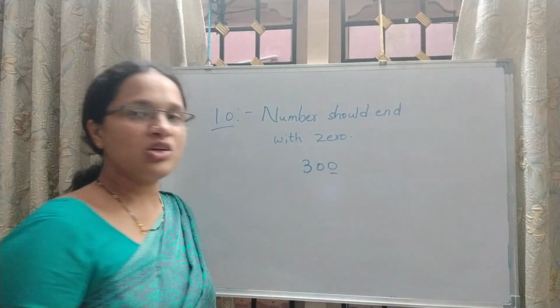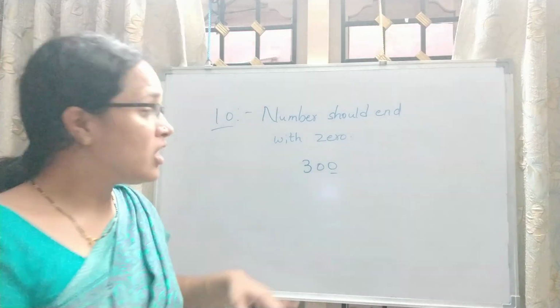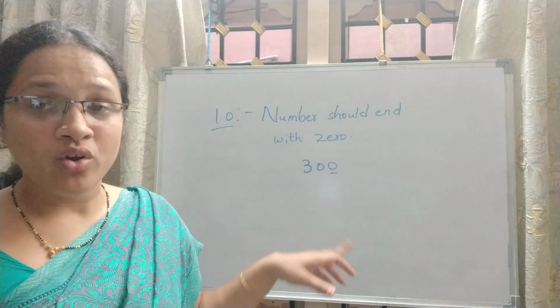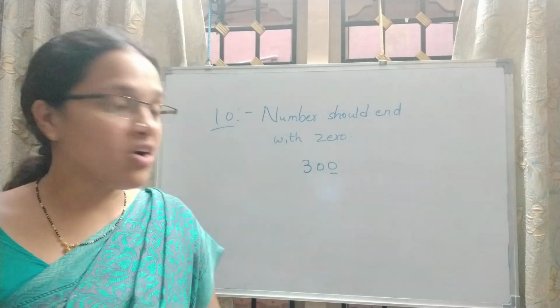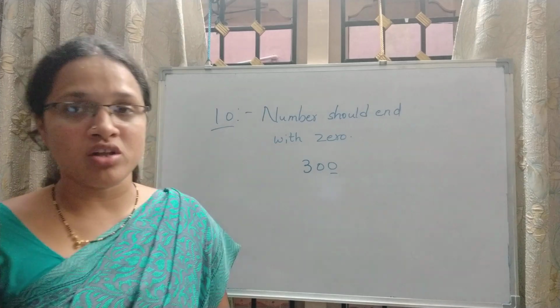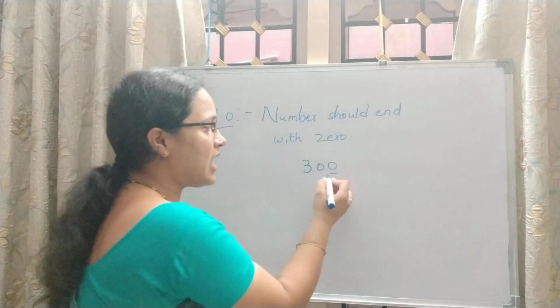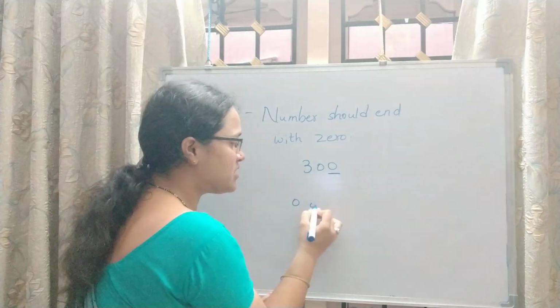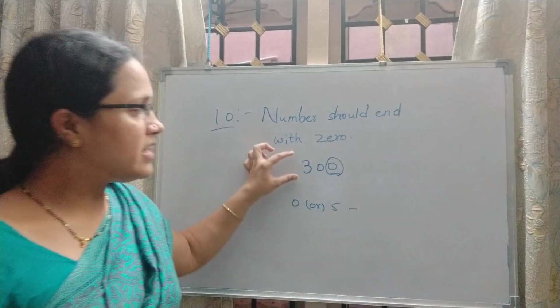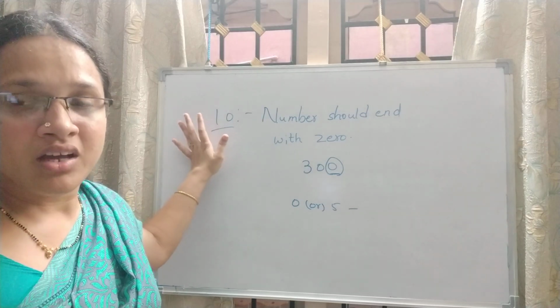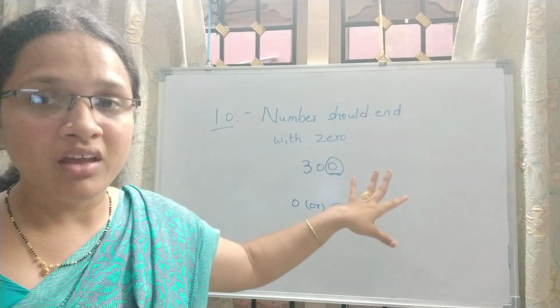The last digit is 0, so it is divisible by 10. As the last digit is 0, it is not only divisible by 10, it is also divisible by 5, because it satisfies the divisibility rule of 5 also, where the last digit is 0 or 5. So this 300 is not only divisible by 10, but also divisible by 5.